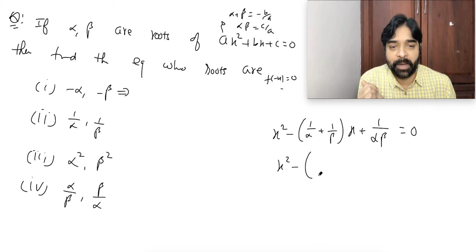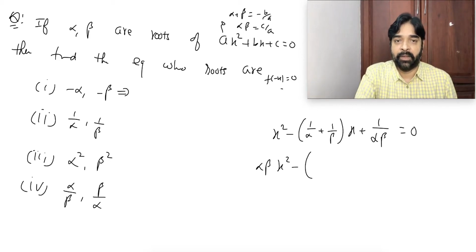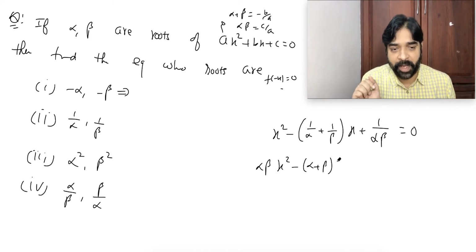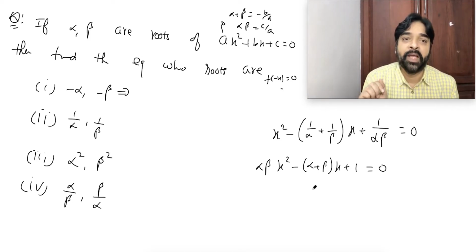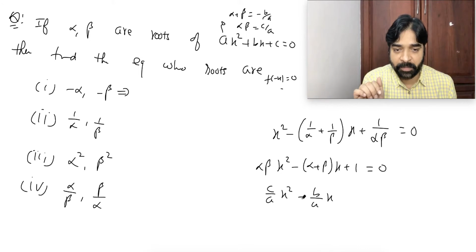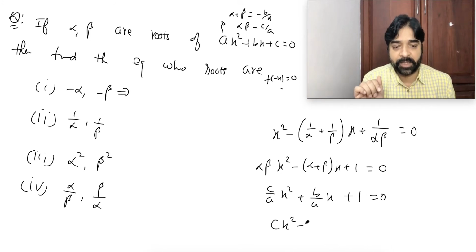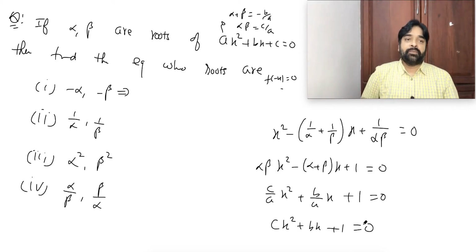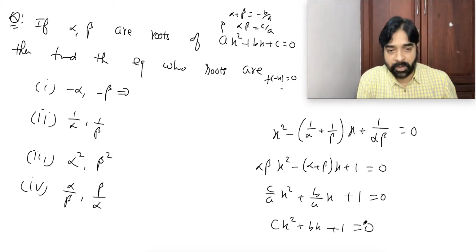So we'll get x square minus, numerator will become alpha plus beta, taking LCM alpha beta, minus (alpha plus beta) into x plus 1 equal to 0. Alpha beta is c by a, so x square minus b by a into x plus 1 equal to 0, or you can say cx square plus bx plus a equal to 0. Sorry, I'm sorry.